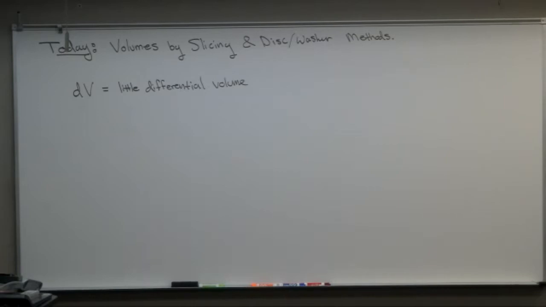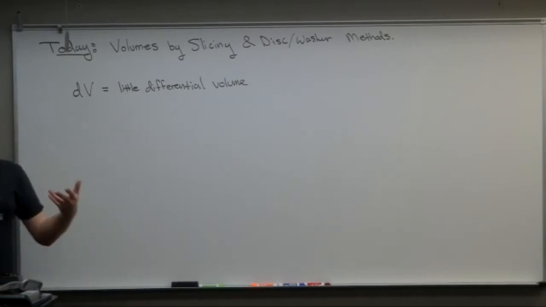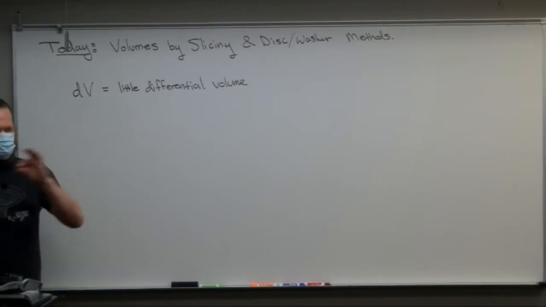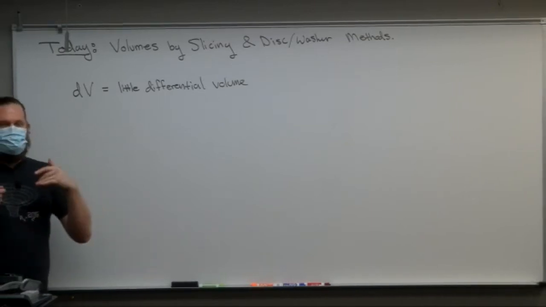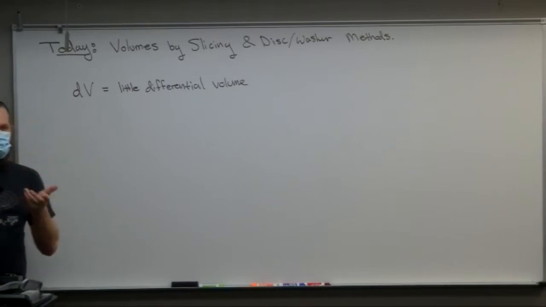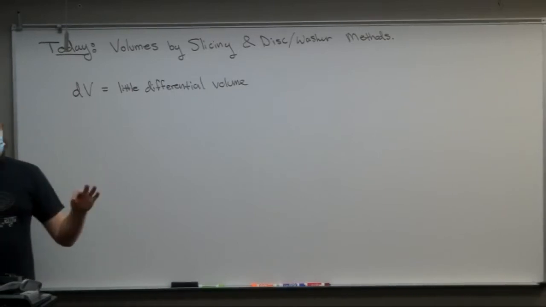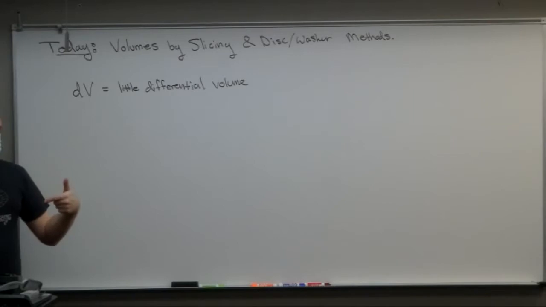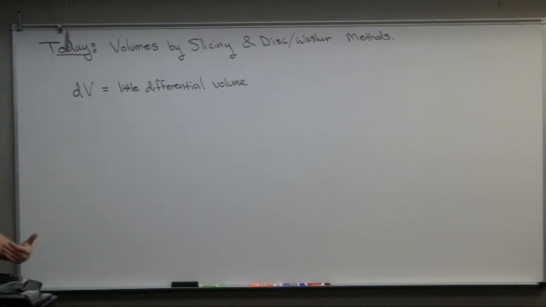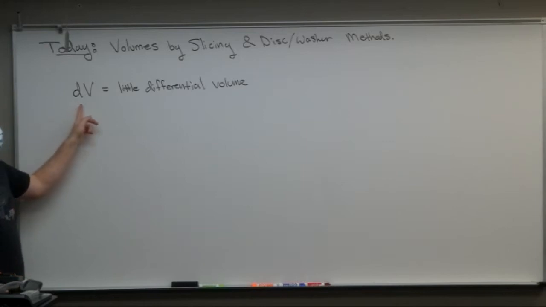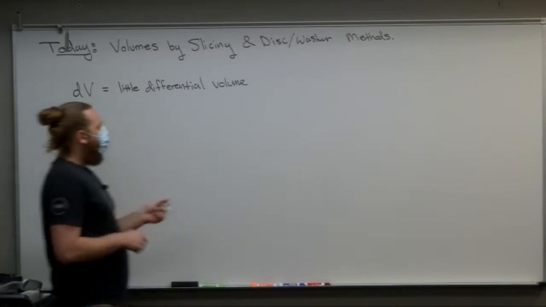All right. So the name of the game here is going to be, like I said, usually you're going to graph a function, right? And there will be some axis of rotation given. You're going to rotate a region that's bounded by that function about that axis of rotation. That's how you'll generate your volume. But wherever your solid comes from, you're going to get there by calculating a little differential volume.